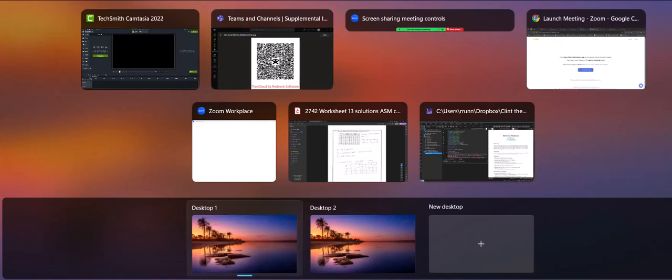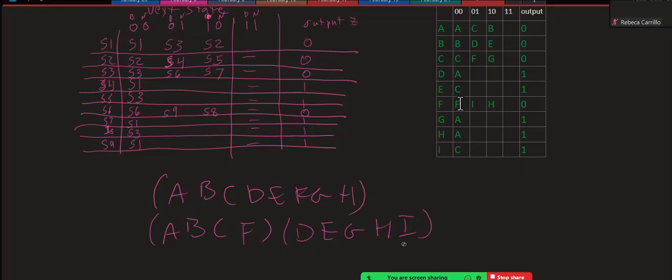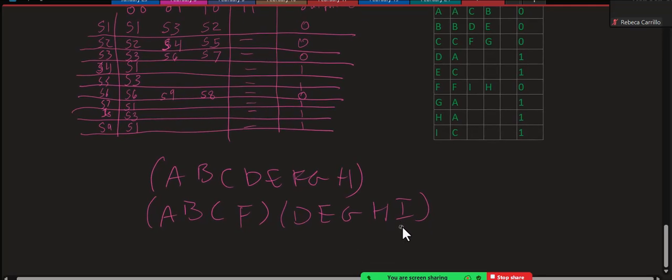A, B, C, and F all stay within the same group. So A goes to A, B goes to B, C goes to C, and F goes to F. That's all in the same group. For my 1, 0, A goes to C. Well, actually, let me check these others. So for D, E, G, H, I, those all go to A, B, C, F for 0.